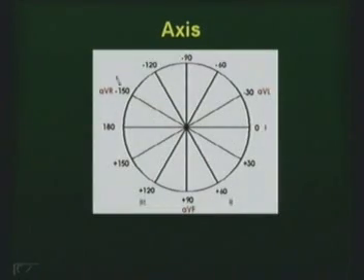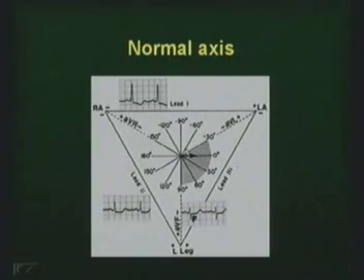This is the same way of defining the whole thing, now put in a neat way. We have lead 1 representing the 0, and on the negative side minus 180. This is AVR at minus 150. This is lead 2. So we've got alternating leads between standard leads and augmented: AVR, this is lead 2, this is AVF, this is lead 3, this is lead AVL. Normal axis, as I said, is between minus 30 and 120.